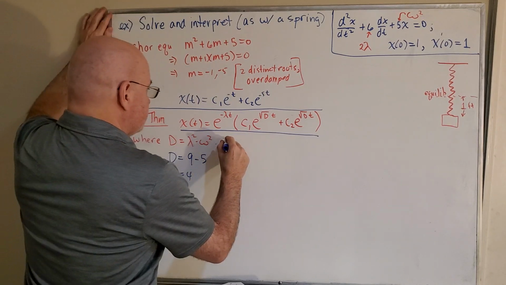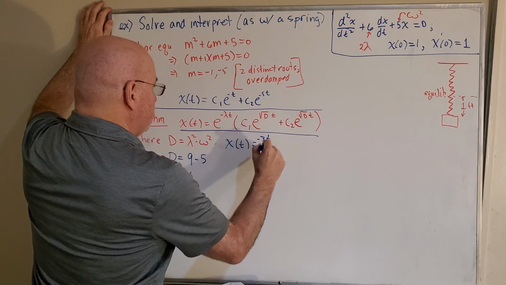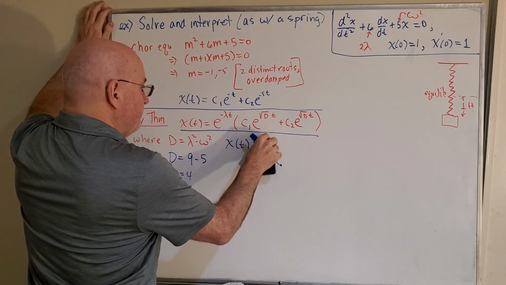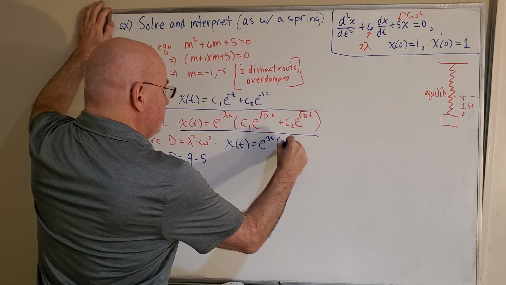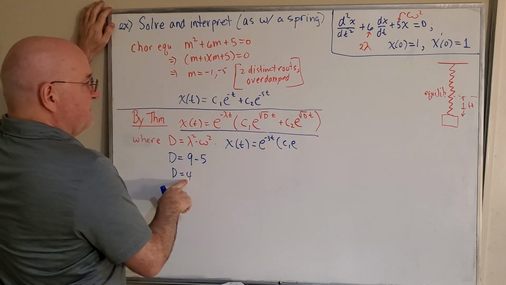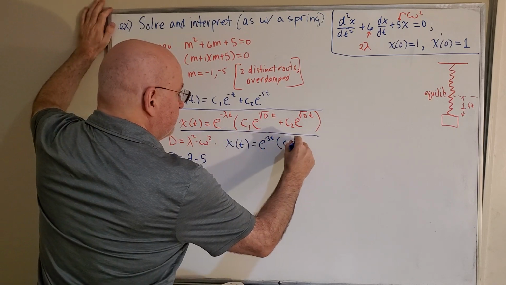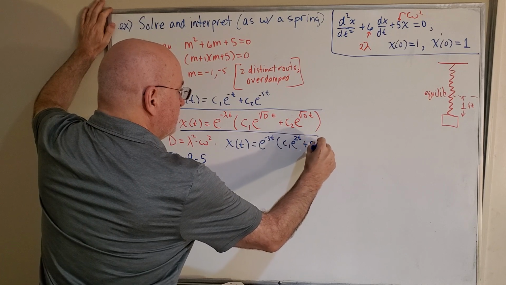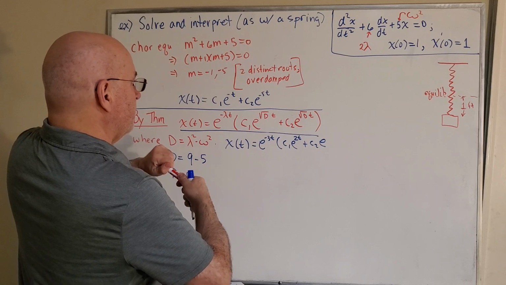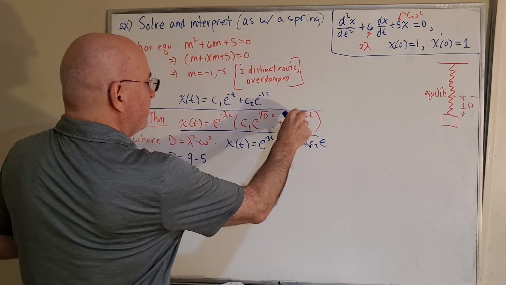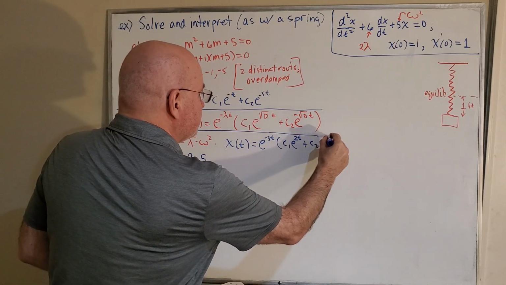So this says that x of t is equal to e to the negative 3t times c1 e to the, d is a 4, so radical 4 would just be a 2t, plus c2 e, oh, one of these has a negative sign, right? c2 e to the negative 2t.